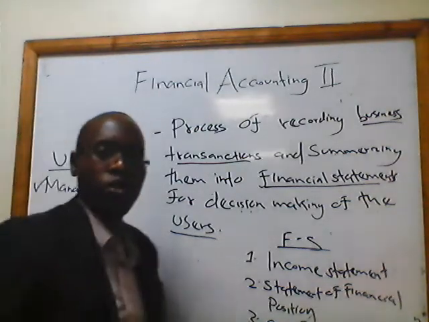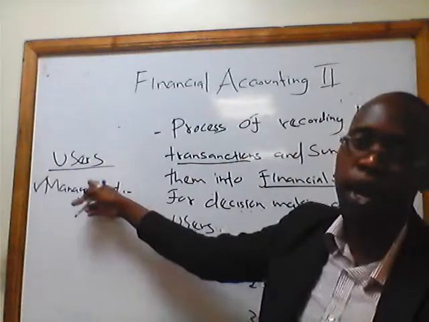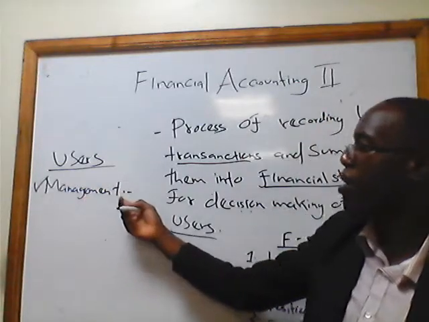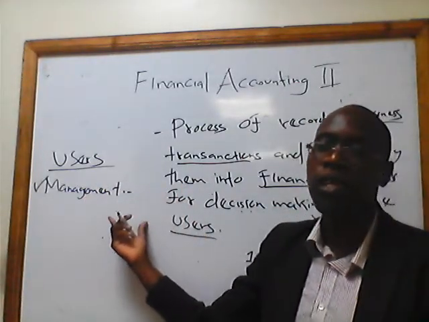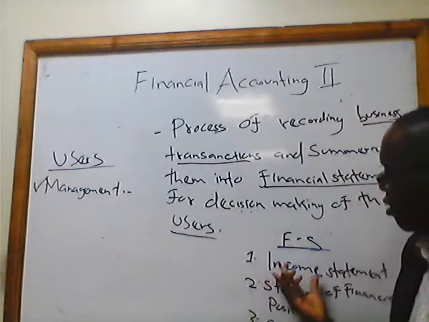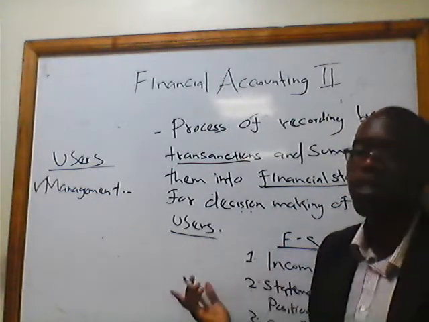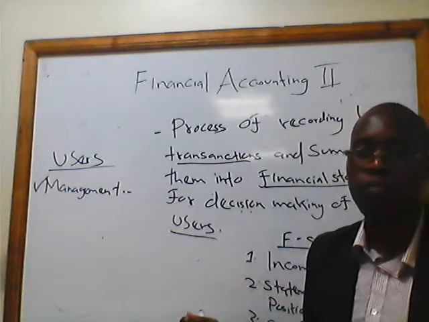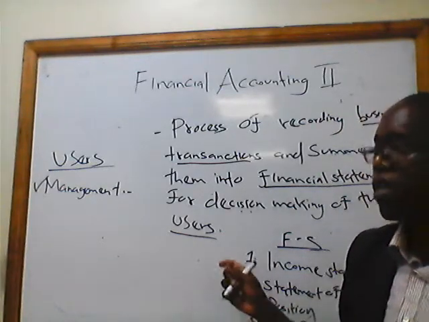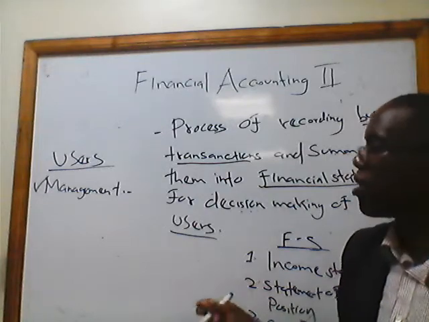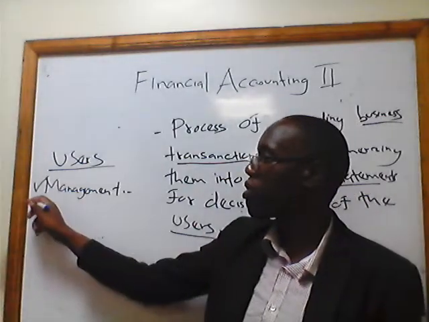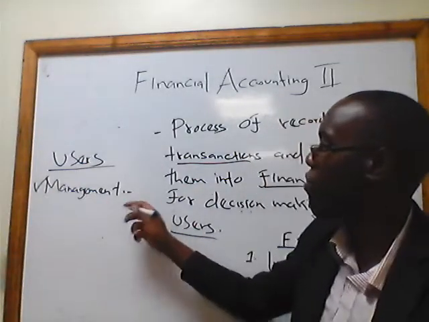The management is interested in planning: how can they plan in terms of preparing the budgets? They can check the income statement, and the profit they get there they can use for planning and for preparing the budget for other key decision making. So management is one of the users of financial accounting information.